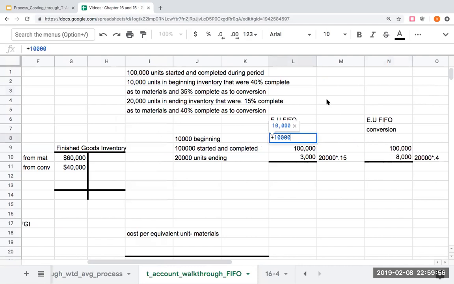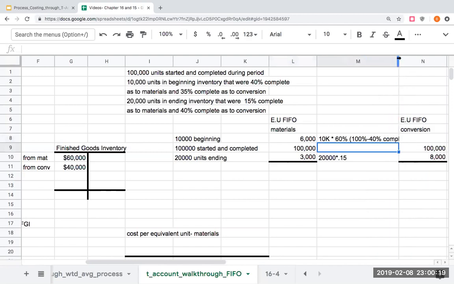What did I need to do during the period to make them 100% complete? I'm going to multiply this by 0.6. So this is 10,000 units times 60%, or 100% minus 40% complete, as to the beginning inventory.